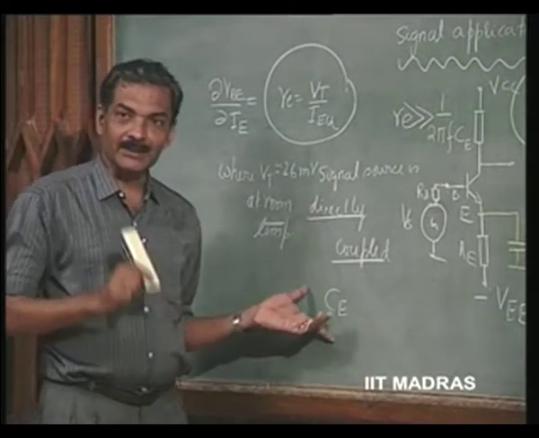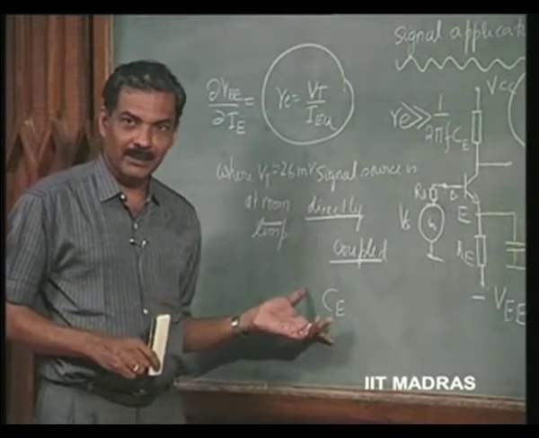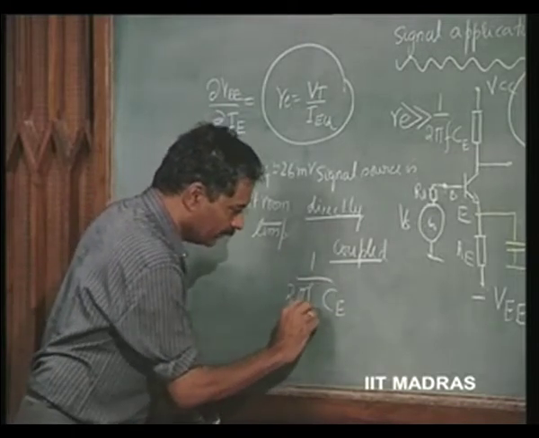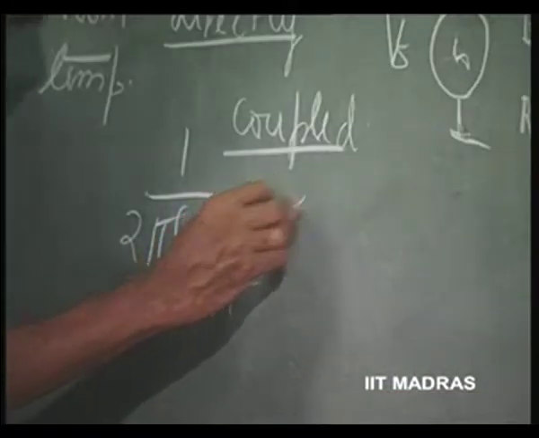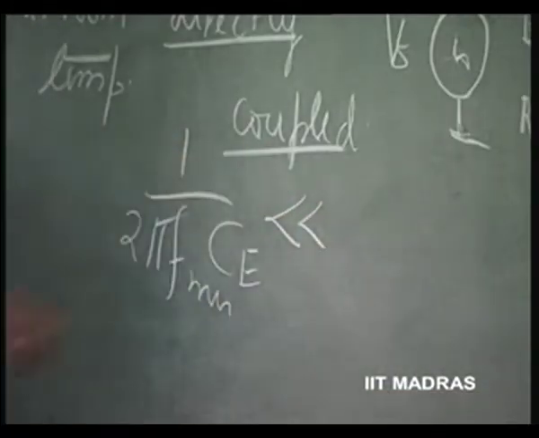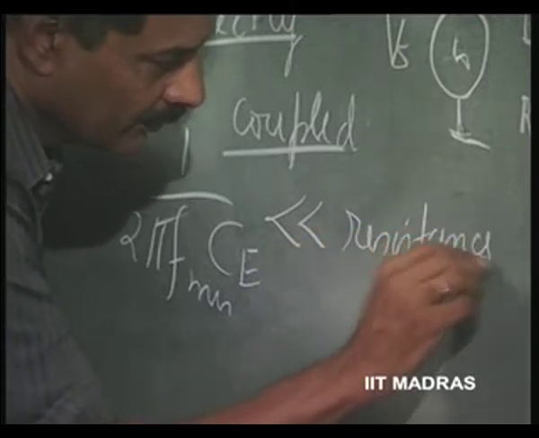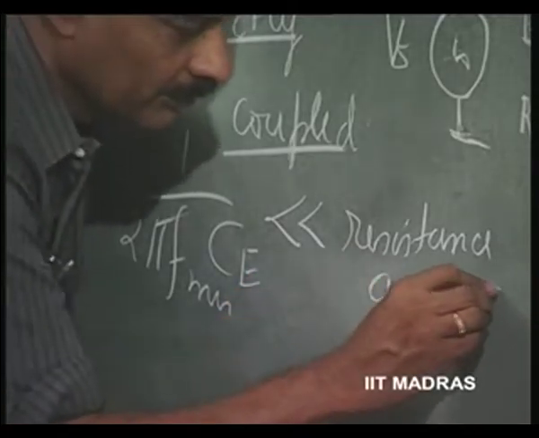Any capacitor, bypass or coupling, is chosen in such a manner that 1 over 2 pi f minimum Ce, that is the reactance, is much less than the resistance across what? Ce.